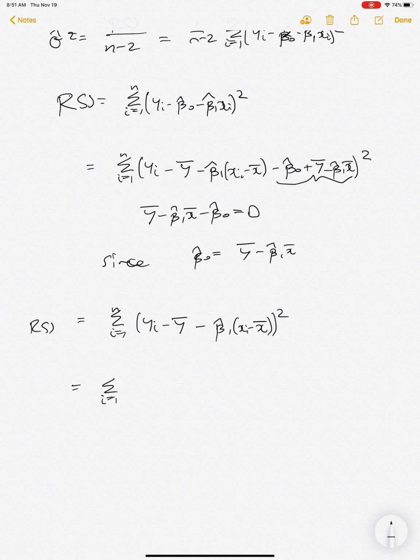And we can now split this up, breaking these terms up.